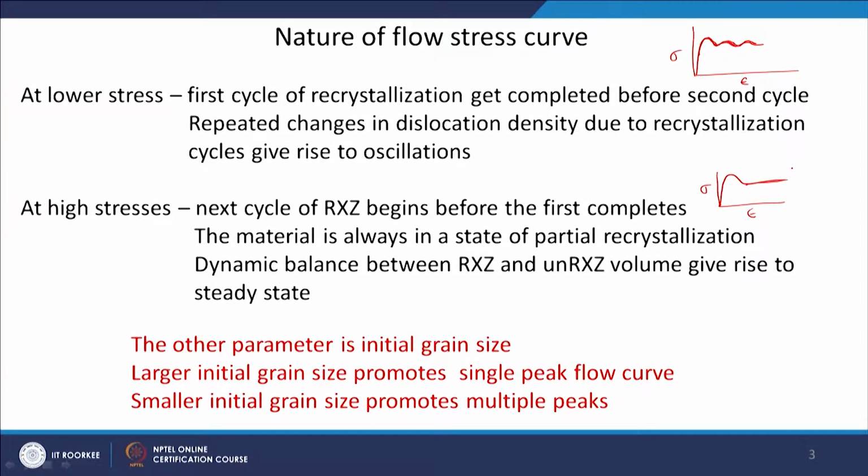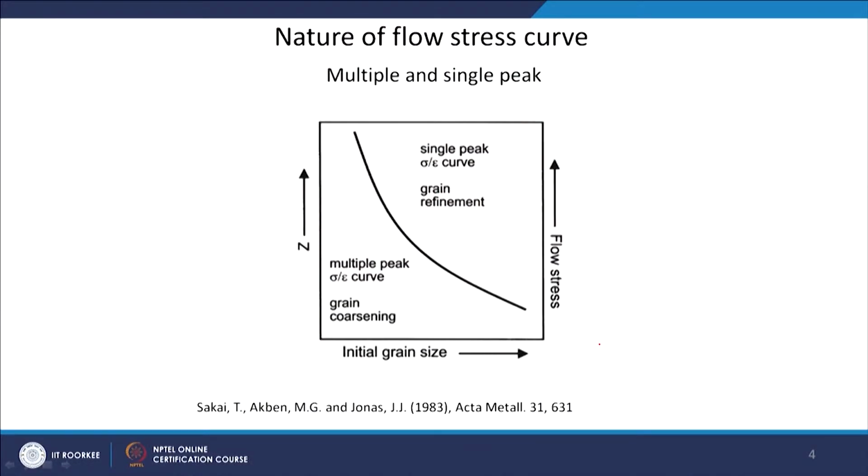So, there are two effects, for stress and initial grain size. If you combine both, you can divide them into two regimes here. On the y axis you can see the Z parameter, or you can also say flow stress, as we have already discussed many times that stress is a function of Z, and on the x axis you have initial grain size. If the initial grain size is large and flow stress is low, you will have a single peak.